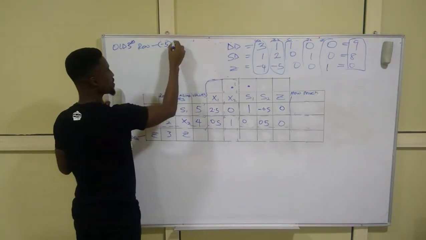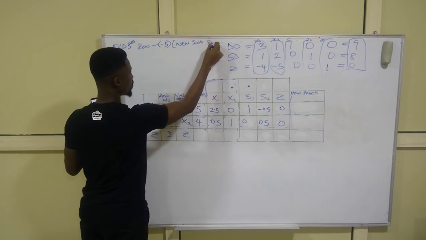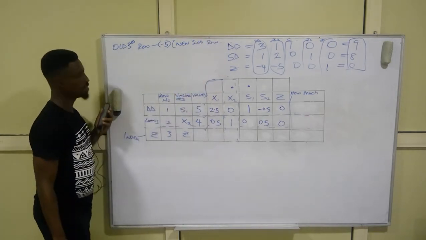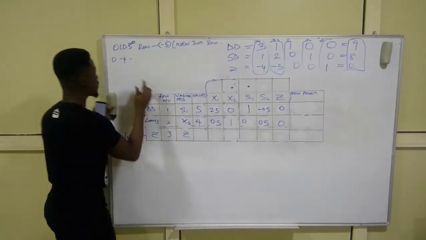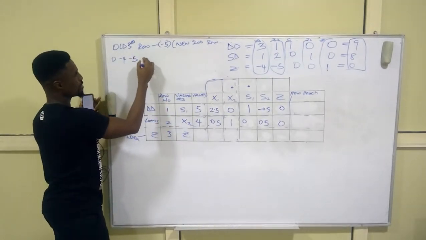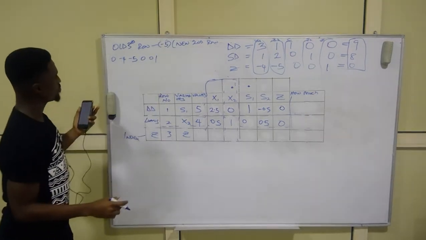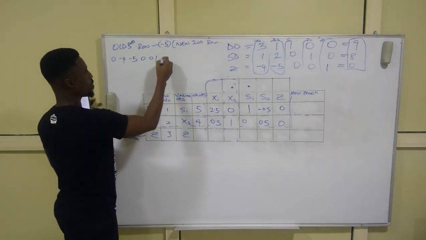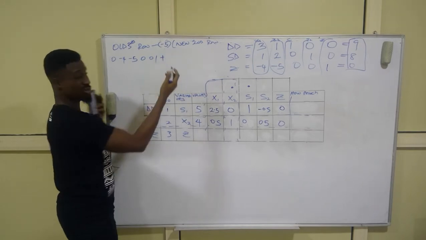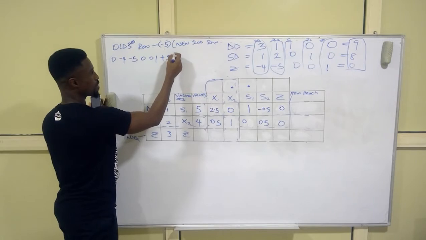So minus and then new multiplied by the new second row. Are you with me? So what we have is the old third row: 0, minus 4, minus 5, 0, 0, 1. And then this becomes plus, just to be safe, so that you don't waste your time. Minus times minus gives you plus. Plus 5 multiplied by the new second row.